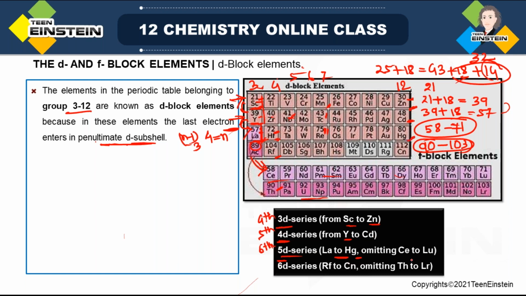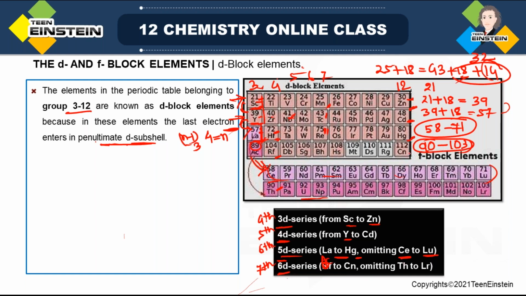But remember, omitting cerium to lutetium. That means these 14 electrons you do not have to consider, because they are under the f block. Similarly, when you are now at the last period, the 7th period, and 6d electrons are gradually filling, then it is Rf to Cn.